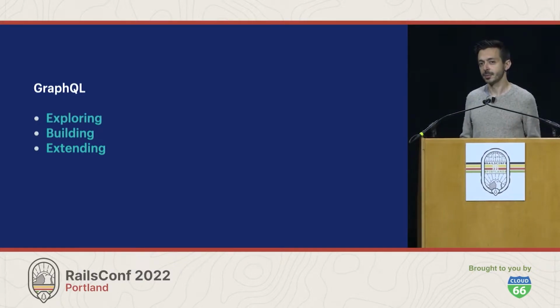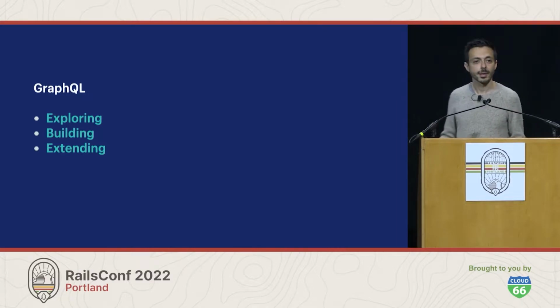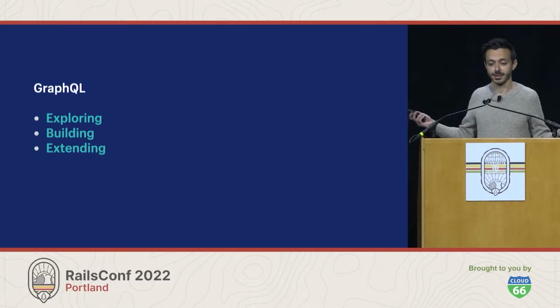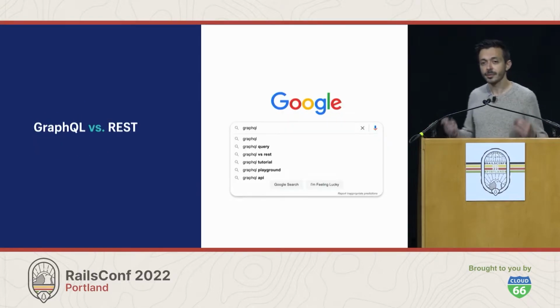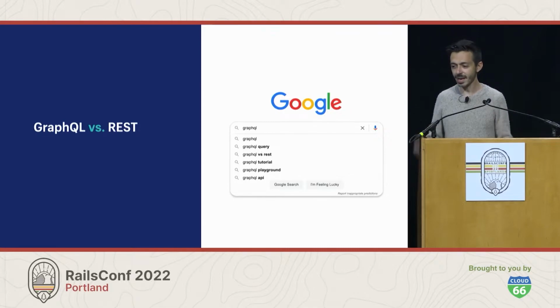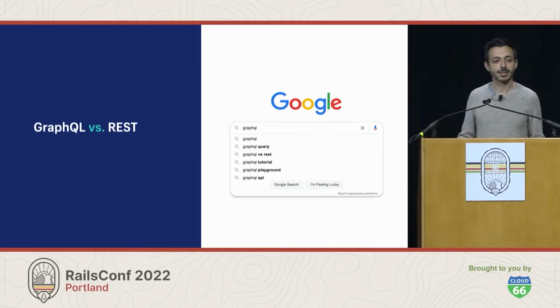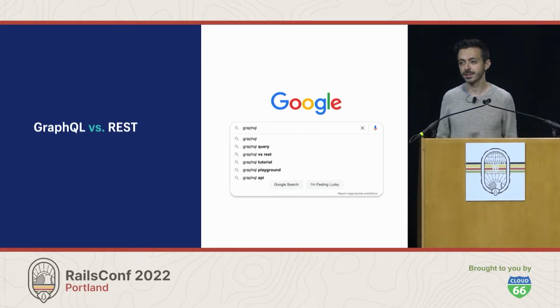I've been in all of these positions, and there's something common to all of them. It's a question, and this question can come from yourself, a teammate, a manager, or from the internet. GraphQL versus REST. We've been there, reading and discussing how GraphQL compares with REST multiple times.